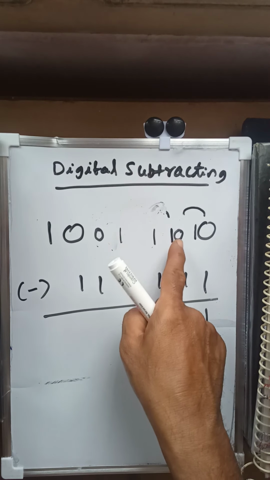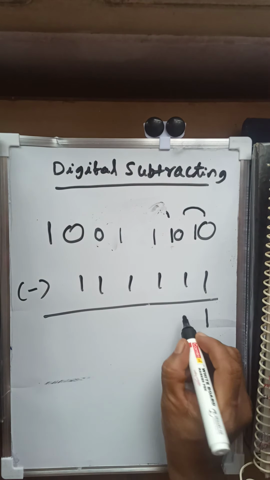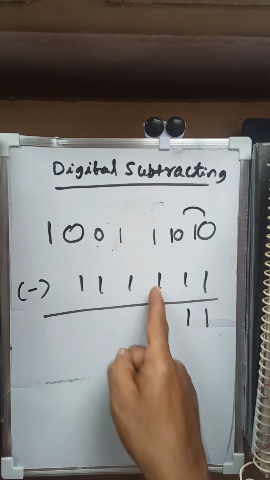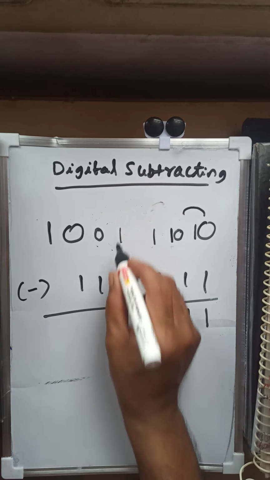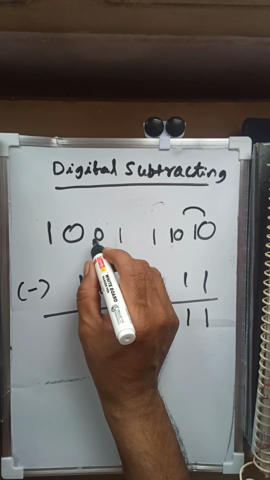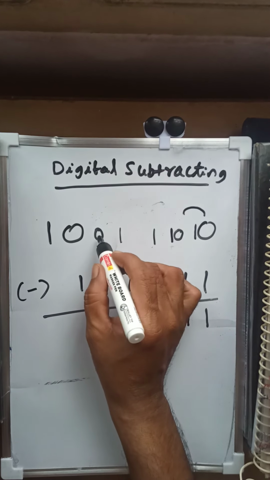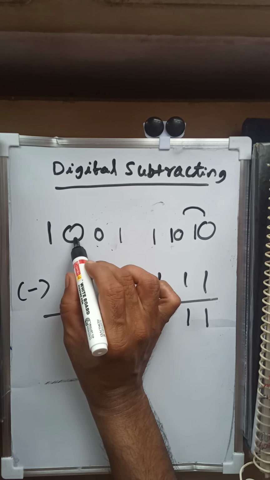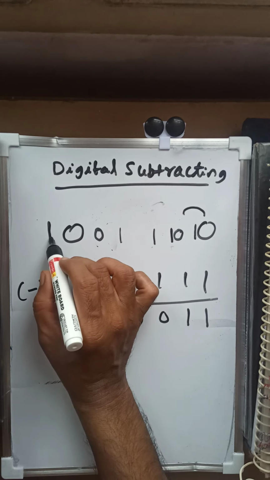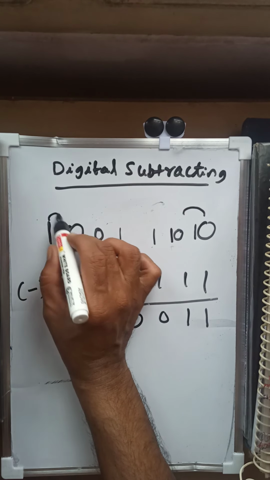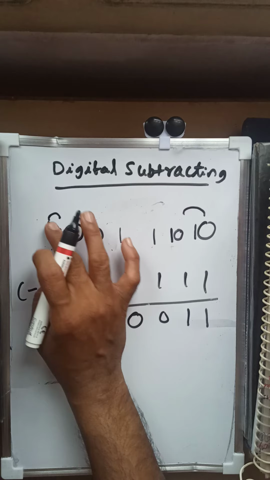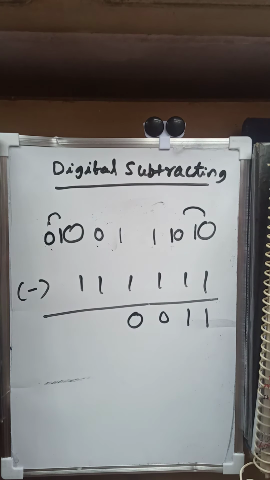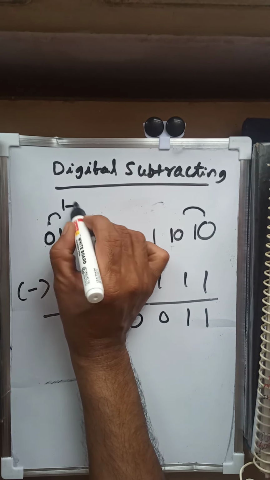Now this becomes 2. 2 minus 1 is 1. Next is 1 minus 1, which is 0. Again there is a problem: 0, we cannot subtract. This is unable to supply a borrow, so it has to come from the next one. This becomes 0 after giving 1, and this becomes 2, that means 1 plus 1.